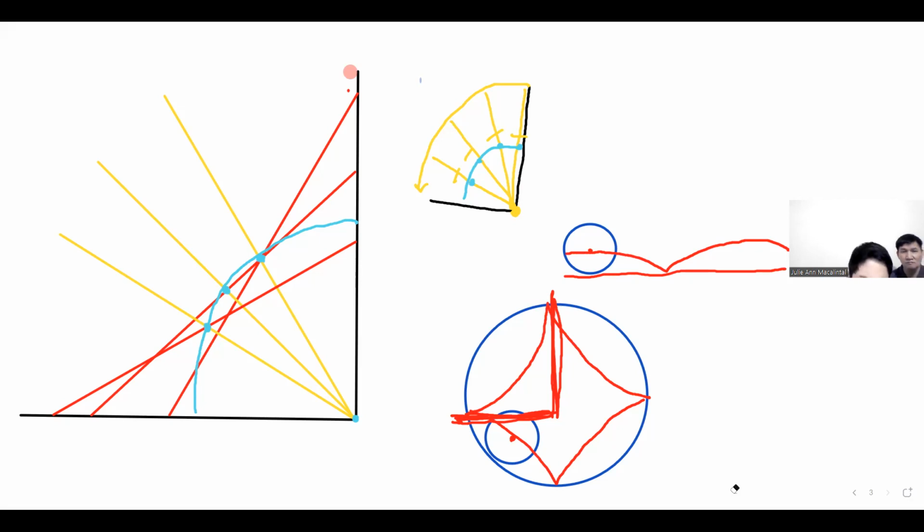So that's its trace. It traces a circle. It's just not very accurate at the top because it's moving fast. This is part of the circle.